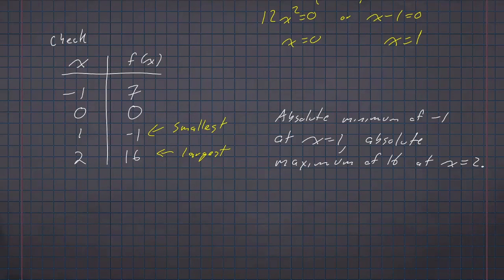Right, so f of x has an absolute minimum of -1 at x equals 1 and an absolute maximum of 16 at x equals 2 when you look on the interval from -1 to +2.